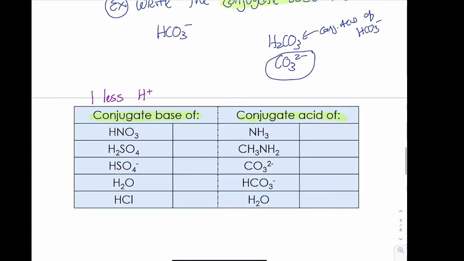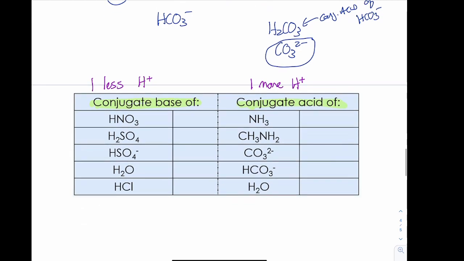And then my conjugate acid is always going to have one more proton, so I'm going to add H plus to those. Remember, we're adding a proton, not just a hydrogen atom. And with the conjugate bases, I'm losing just the proton, the electrons are staying, so it's going to have a negative charge.